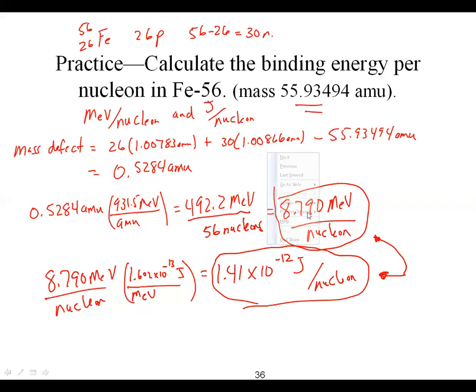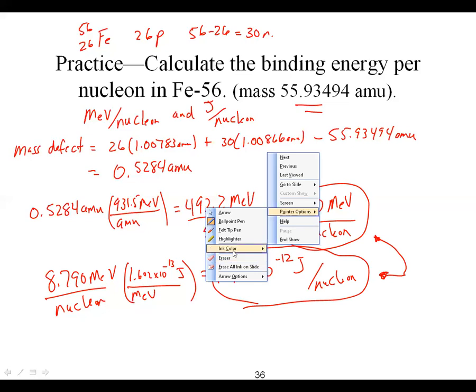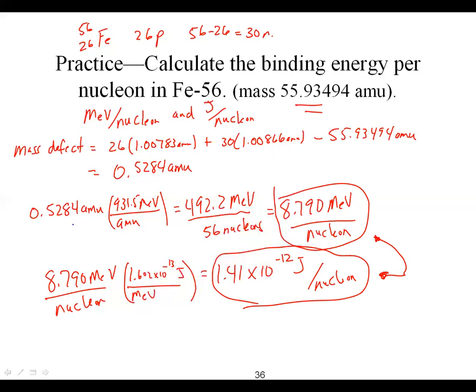Now, as I mentioned before, we could use the nuclear binding energy per nucleon as a measure of stability. So, for example, here, if we look at our iron 56, we have 8.79 mega electron volts per nucleon.